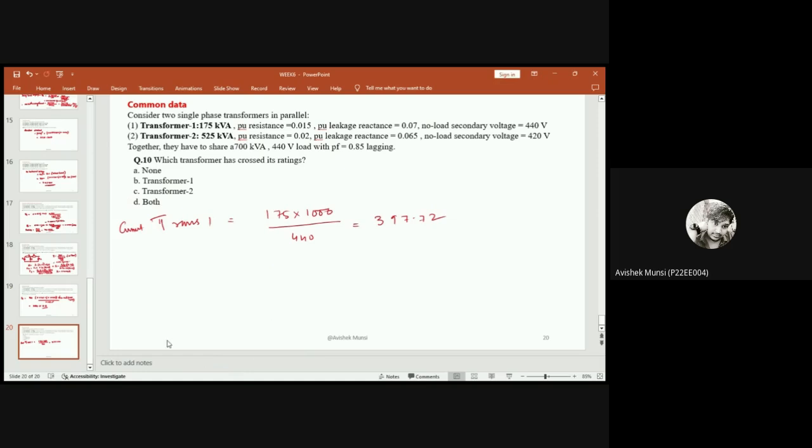Similarly, you have to calculate the rated current for transformer two, and it is 1250. So it's saying that the transformer one current is greater than its rated. Right? Transformer 2 current is less than or equal to its rating. So the cross rating is okay.